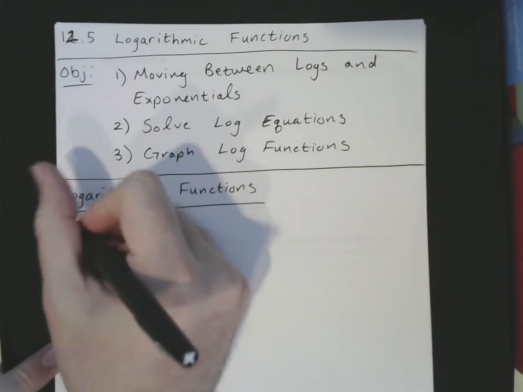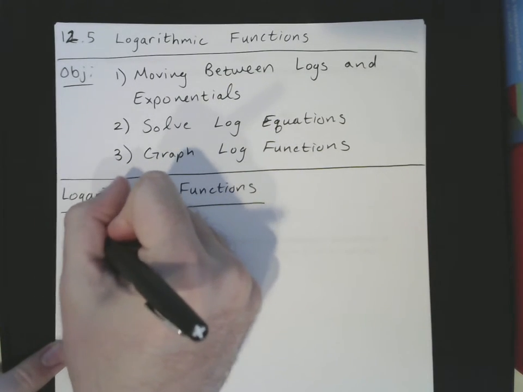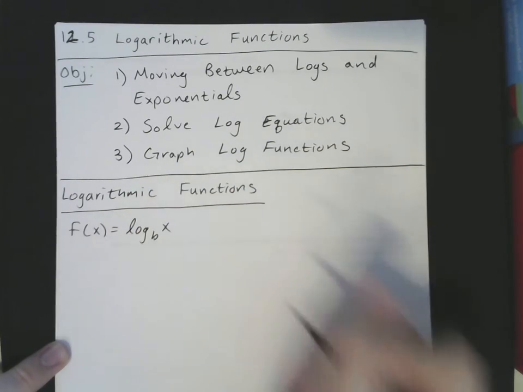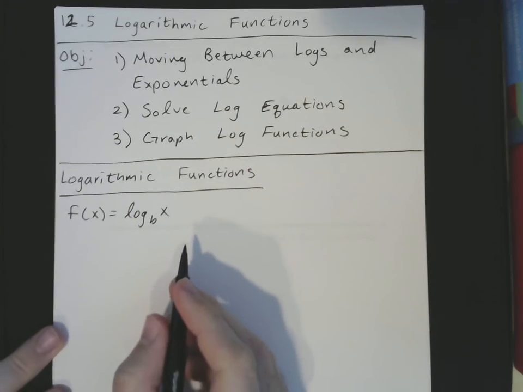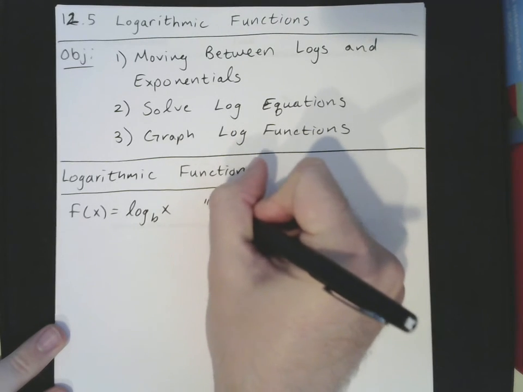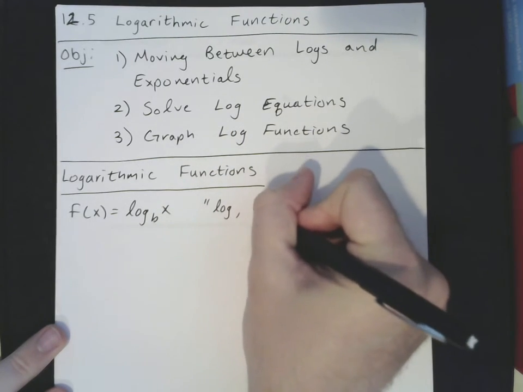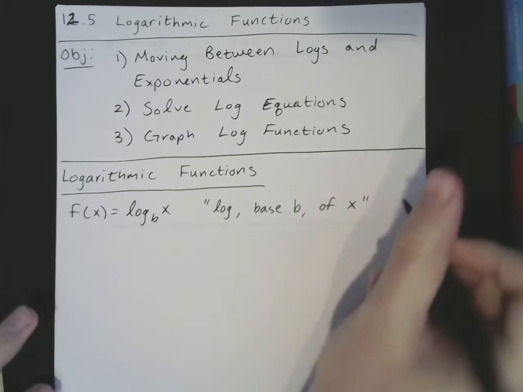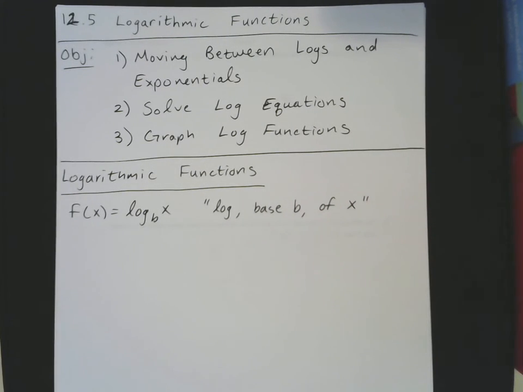So the basics, the terminology, f of x is log base b of x. So the way that we read this is exactly as I just said it. It's log base b of x. X is not an exponent. X is an argument.